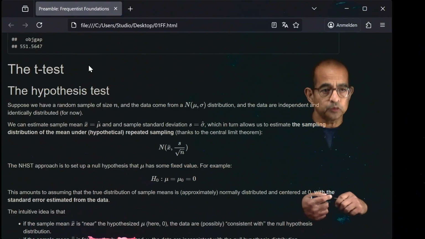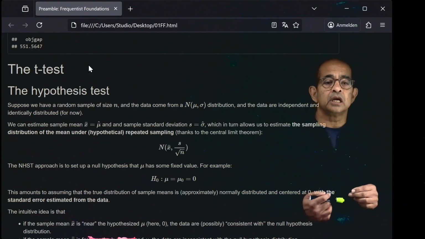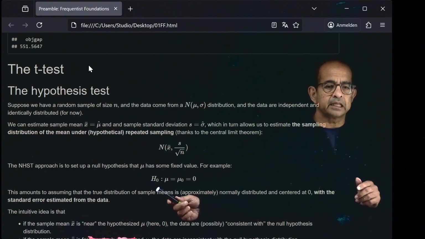So this is what we know from the central limit theorem, and this is what allows us to carry out the null hypothesis significance test. The starting point is that we set up a null hypothesis.